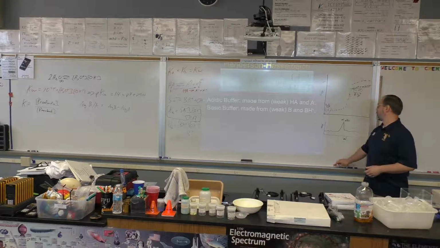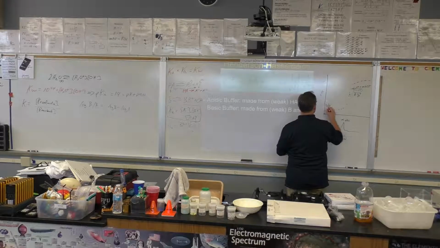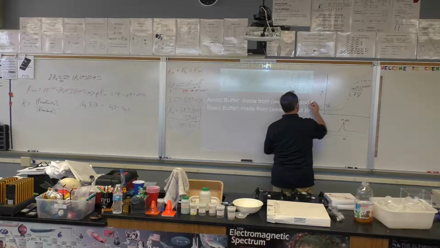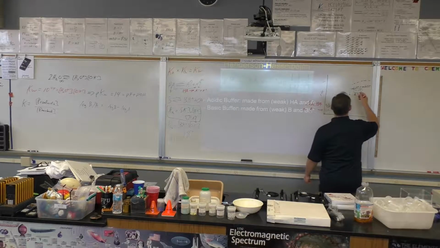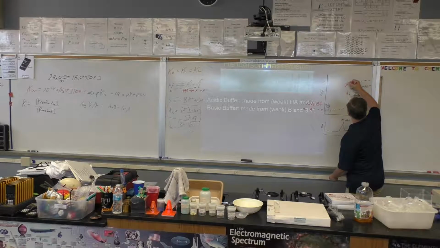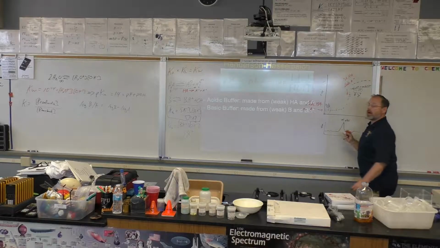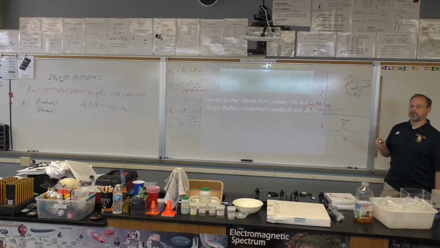I'll write it down in a different way. So here, at this point, we have lots of HA, no A minus. And by no A minus, I mean very, very little. And up here, we have lots of A minus and no HA. And by no HA, I mean just a few.